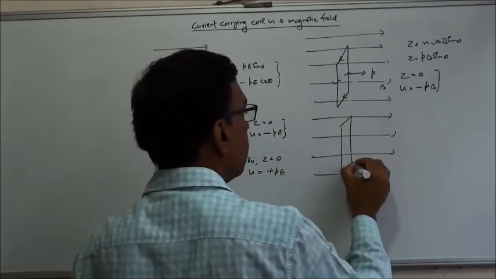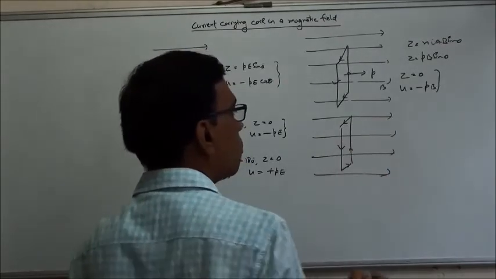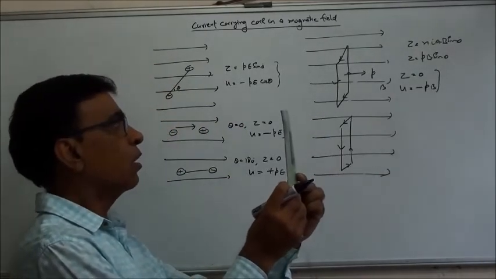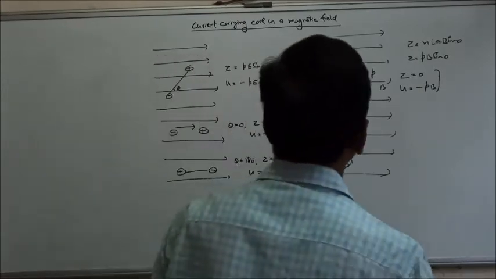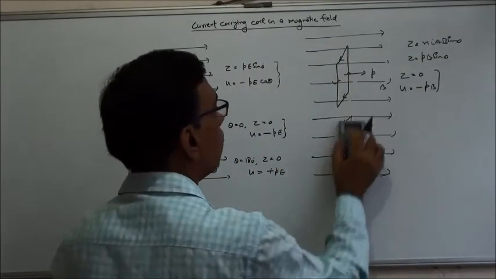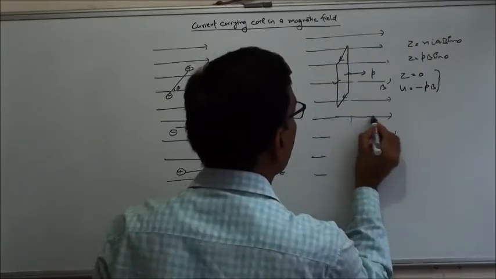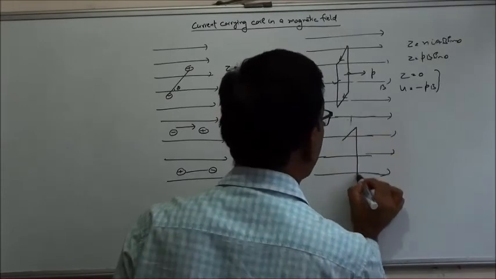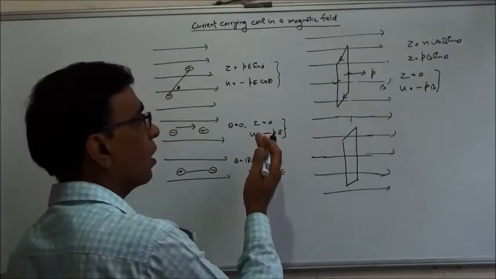For unstable equilibrium, the plane still needs to be perpendicular. The only difference is that this time the direction of current should be opposite. Sorry. The direction of current will be such that the dipole moment is in this direction.